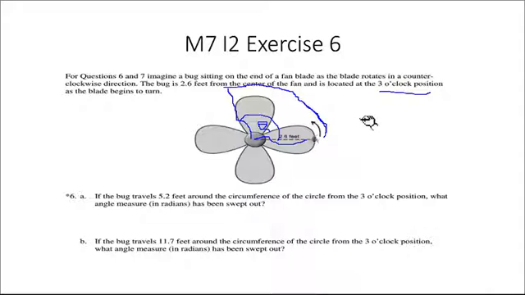Or we could use the fact that theta in radians, just like we saw in the previous example, is given by how many times larger the arc subtended by that angle is than the length of the radius, 2.6.